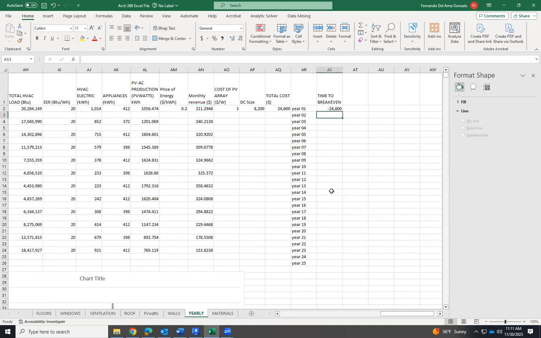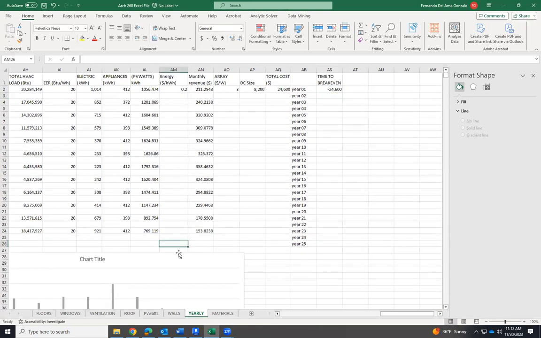So on year 2, we have paid this upfront. So on year 2, we have to subtract this, minus, but first we have to calculate the total yearly revenue.